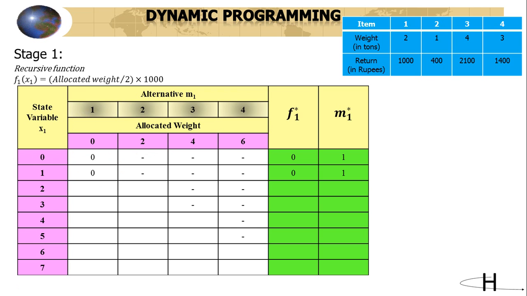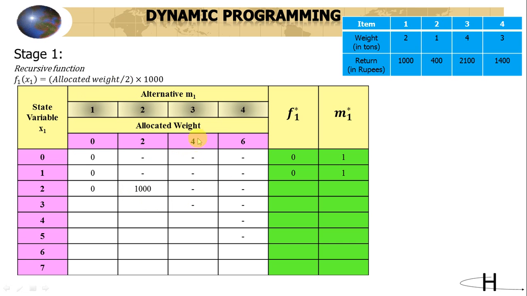Now let us consider the value of state variable x1 equal to 2 ton. With respect to 2 ton, when we allocate weight 0, the value of the recursive function will be 0. When we allocate weight 2, the return value will be 1000, since allocated weight 2 divided by 2 multiplied by 1000 is 1000.